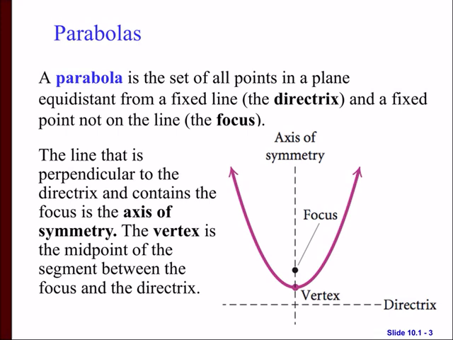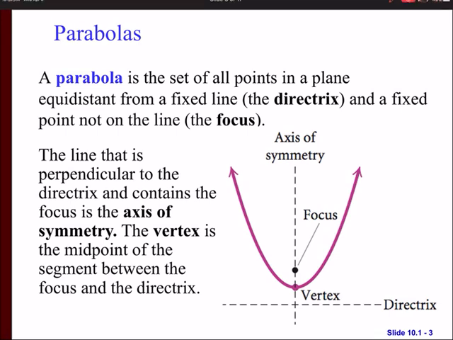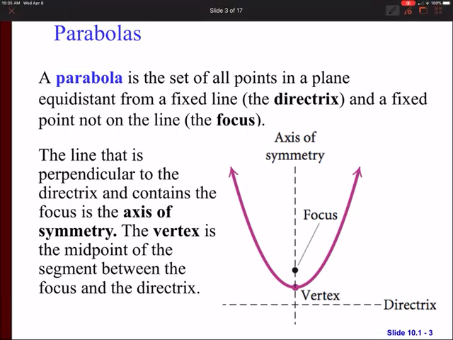That's your directrix. So we use the directrix and the focus to measure distances from the points that make up the parabola. So it has the vertex, the midpoint of the segment between the focus and the directrix. But with that said, any point on this parabola, as we look at, for example, here is a point on the parabola.